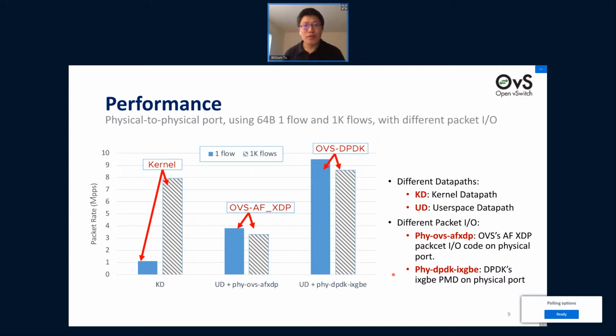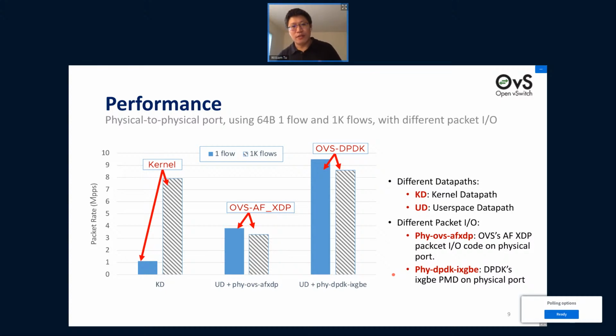And here for the kernel data path, if we install 1K flows, the packet rate improves a lot to 8 million packets per second. But that's because there are more flows, and these flows are spread across different CPU cores. So there are more softirq daemons processing the packets. Basically, it uses more CPU to get a better packet rate.